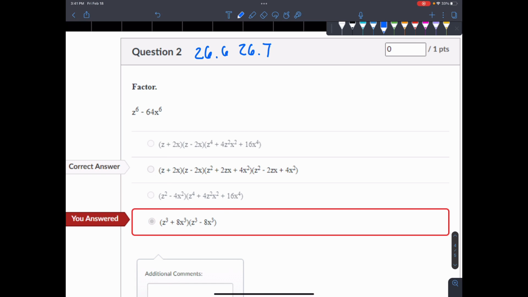In this case, let's say that a is equal to z cubed and b is equal to x cubed. Then this equation becomes a squared minus 64.